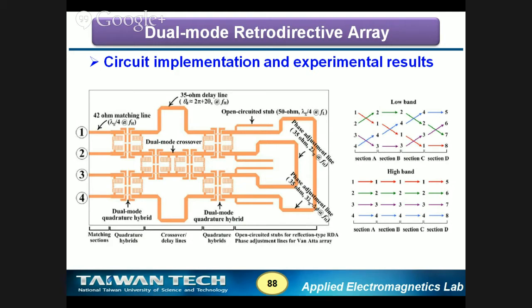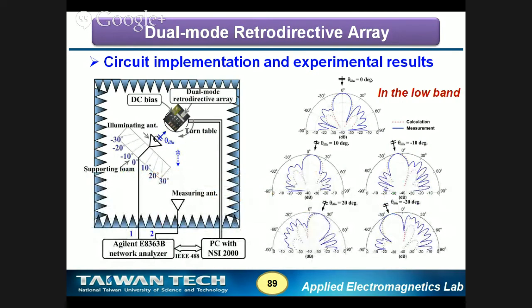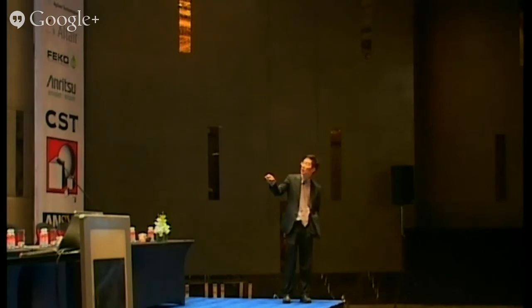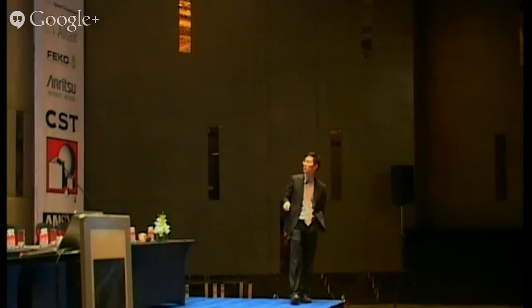Okay, so in this case, we did the experiments. This is the experiment in the low band. We have an illuminating antenna and the dual mode ratio derivative array here, and we use a receiving antenna and retransmit, and use a measuring antenna to measure the retransmitted pattern.